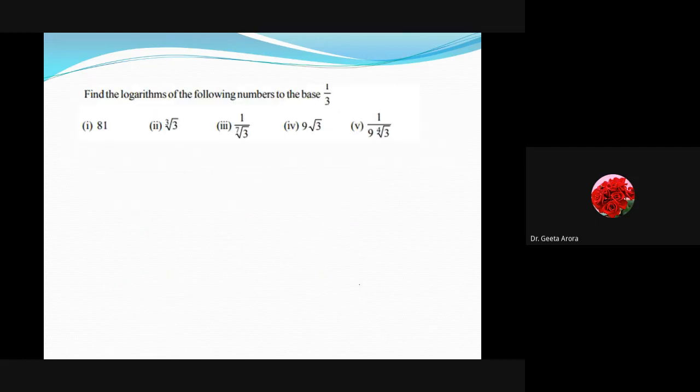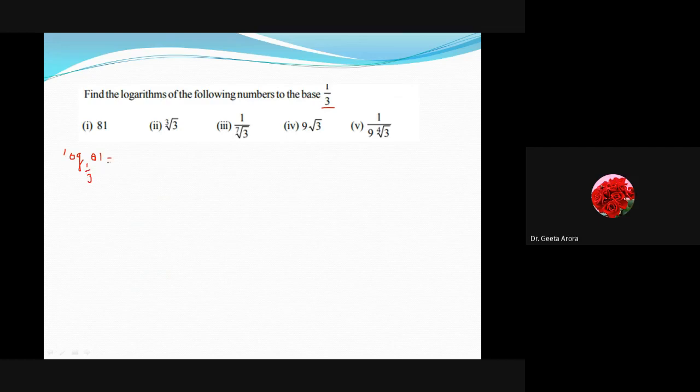Here again we have the questions. I think 5 parts are there, and we are looking for the logarithms of the following numbers to the base 1 by 3. Let me start with the first part: log of 81 to the base 1 by 3.